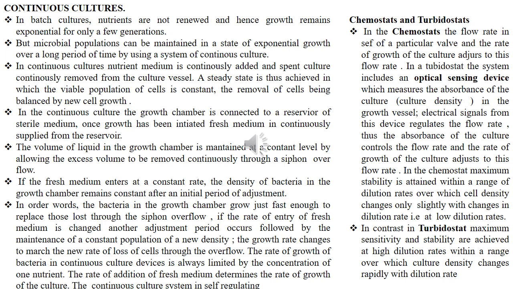The volume of liquid in the growth chamber is maintained at a constant level by allowing the excess volume to be removed continuously through a siphon overflow. Usually, the fresh medium is introduced at a constant rate, and with that, the density of cells in the growth chamber remains constant after an initial period of adjustment.